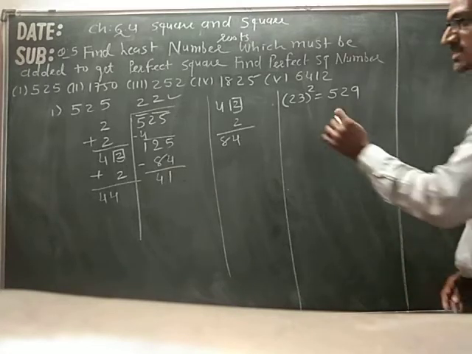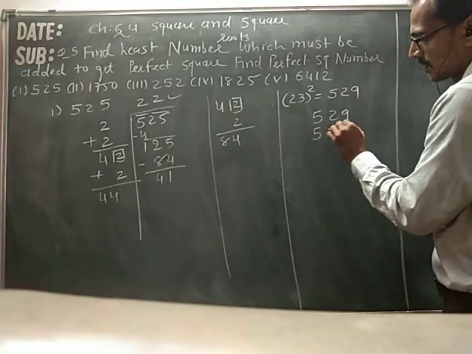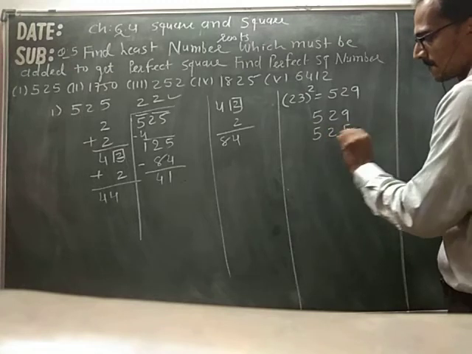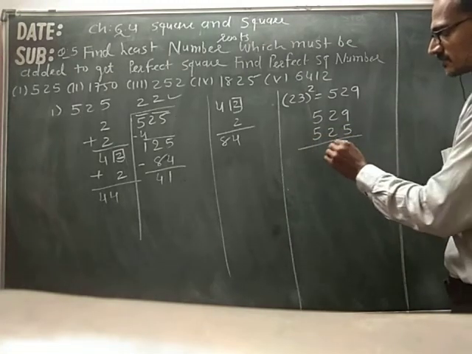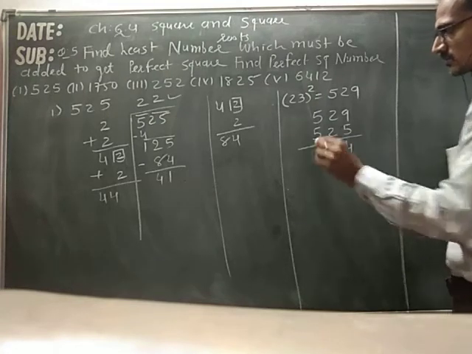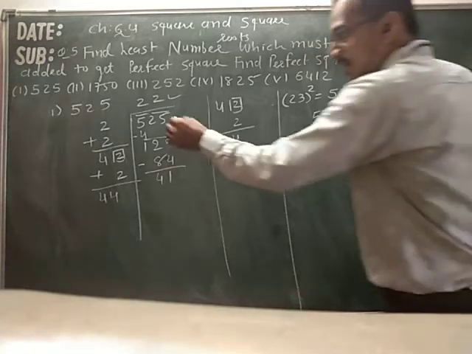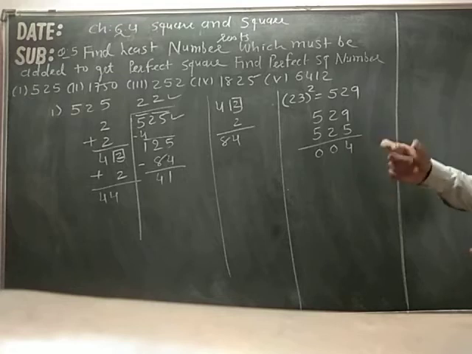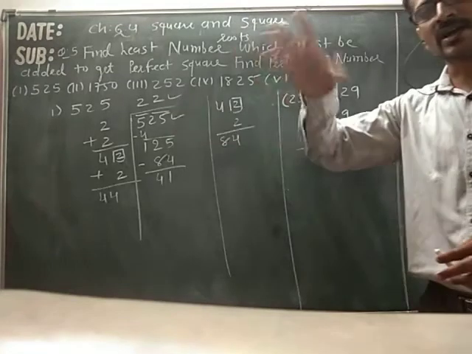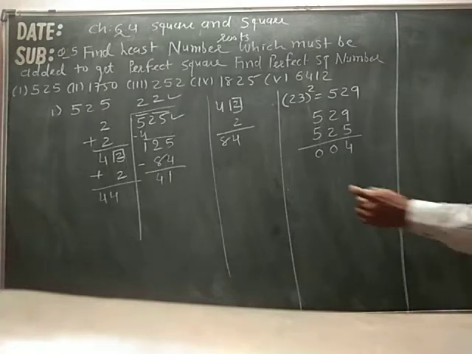Now what we'll do? We'll subtract this 525 from 529. We will get 4. So which number should we add to 525 to make a perfect square? 4. If I add 4 to 525, it immediately becomes 529, which is a perfect square.